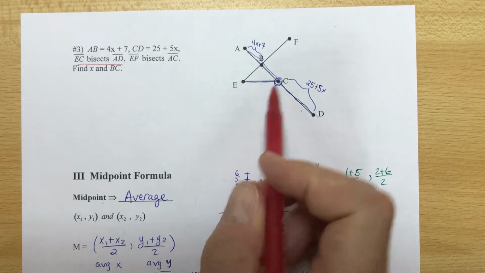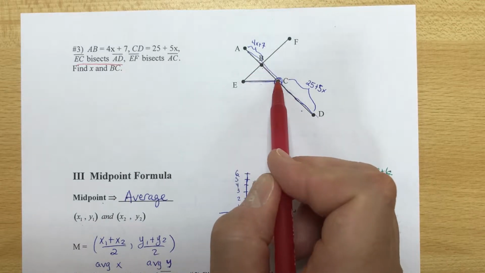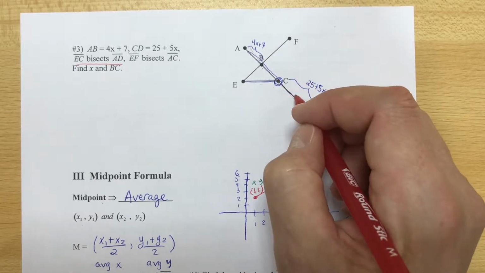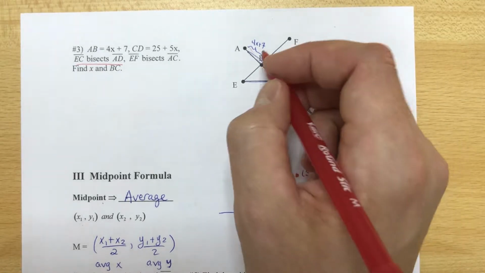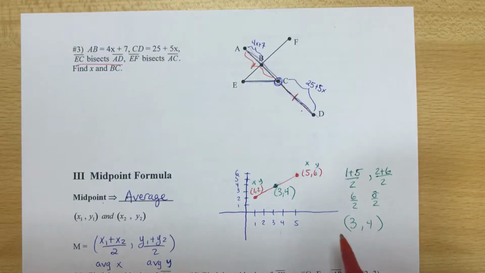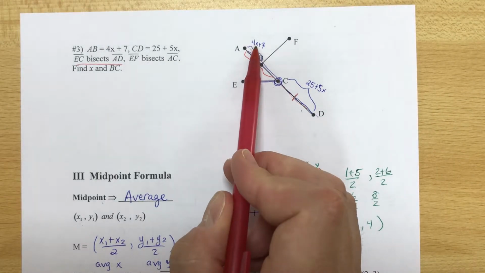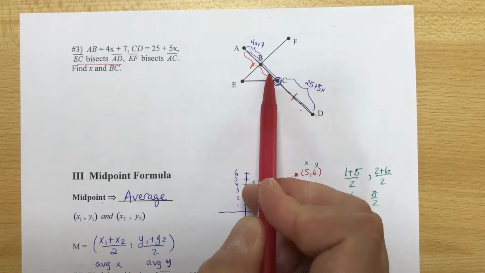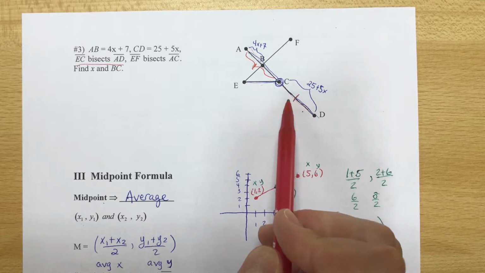EC bisects AD and it hits AD at this point. So C is the midpoint of this. That means that from C to D is the same as from A to C. So it's not that 4x plus 7 equals 25 plus 5x. It's that this whole thing equals this.